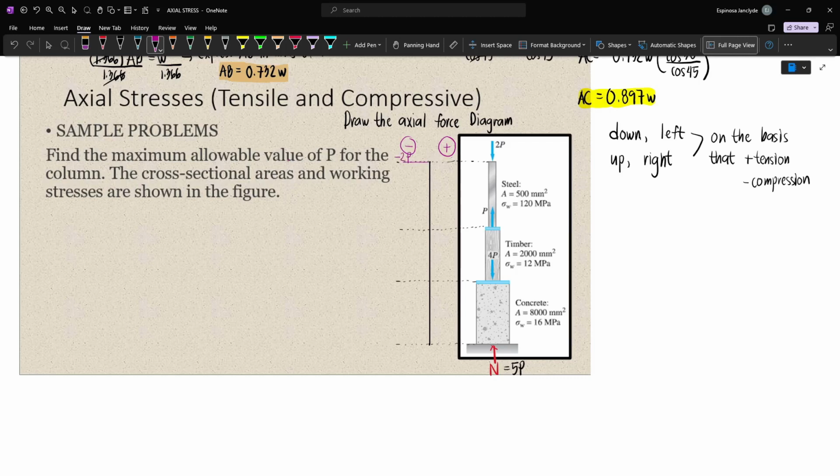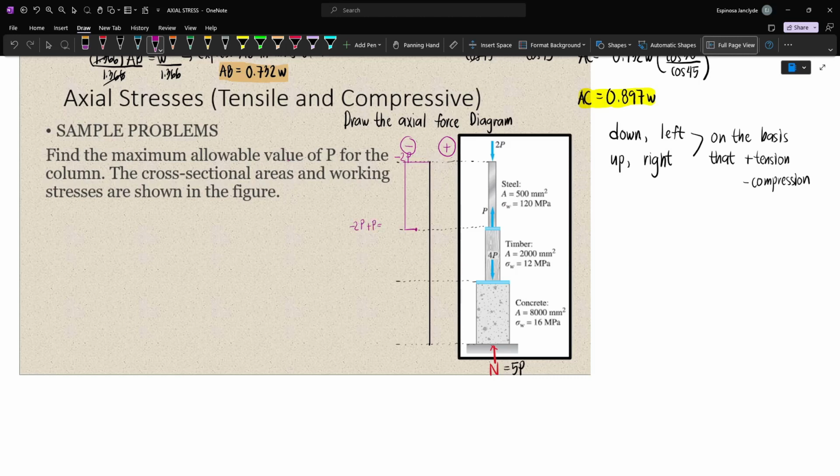And then, since there's no axial loading between the steel and timber section, we will draw a vertical line to indicate a constant value. However, at the top part of the timber section, we have a force P acting upward. And so from negative 2P, we'll move to the right 1 unit, because this is essentially 1P.